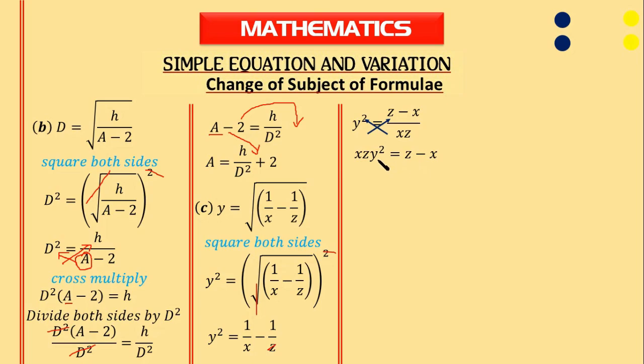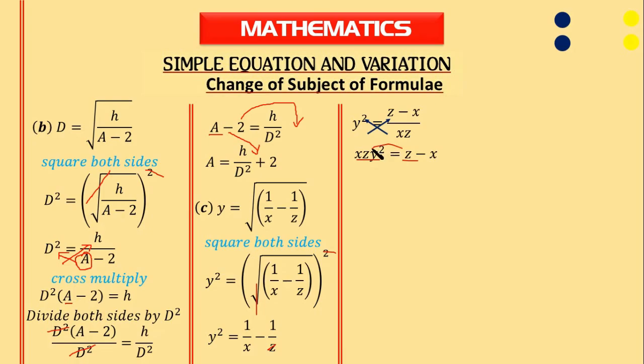The next thing to do is, of course, our objective is making z the subject of the formula. So one of the things you can do is try and bring all the z together. Everything that contains z, you bring them together. So the logical thing we can do here is bring z to this side.